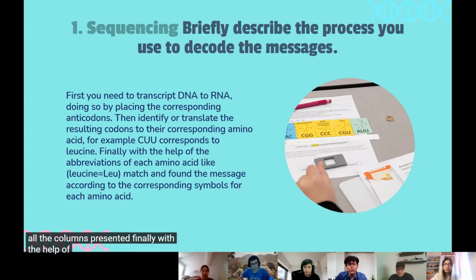Finally, with the help of the abbreviations, for example, the abbreviation for leucine that I previously mentioned is LEU, we search for a match in the symbol table and find the corresponding symbol for each amino acid. Then we translate it to a message that is a sentence in English at the end.